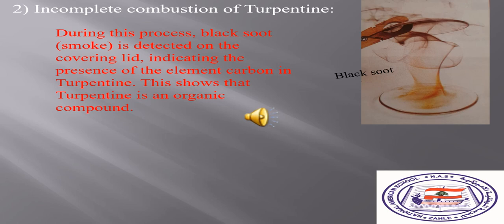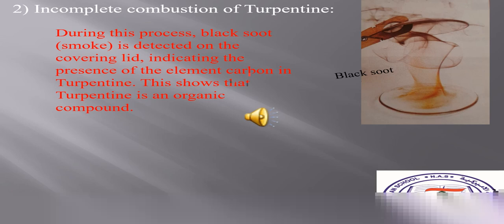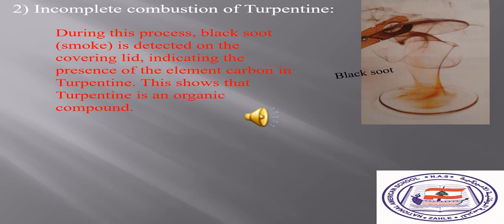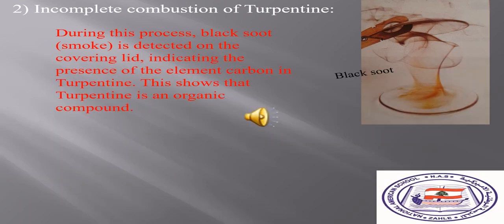Now, let us point out the difference between complete and incomplete combustion. During the process of complete combustion, we have a great amount of oxygen available, not poor. In this case, the products are carbon dioxide gas and water vapor.